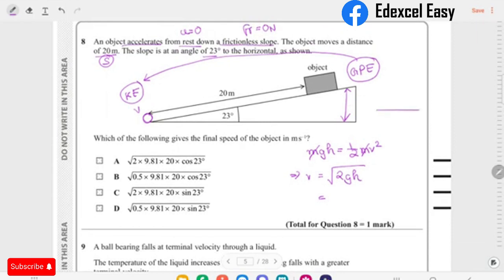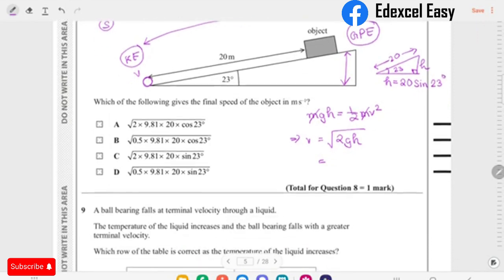I can draw a very simplified diagram of a triangle where this length was 20 and this angle is 23, and obviously it is creating 90 degree over here, so that means we can use opposite and hypotenuse, which is sine, and the opposite over here is height, so height will be equal to 20 sine 23 degrees.